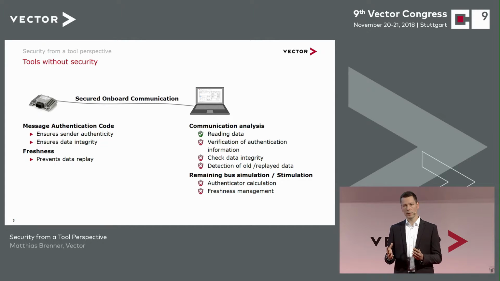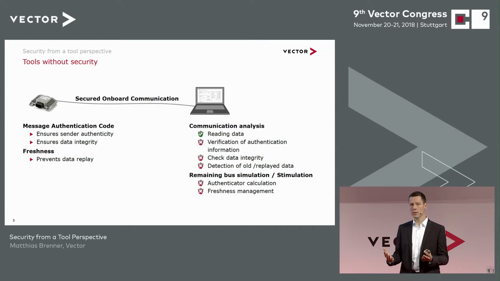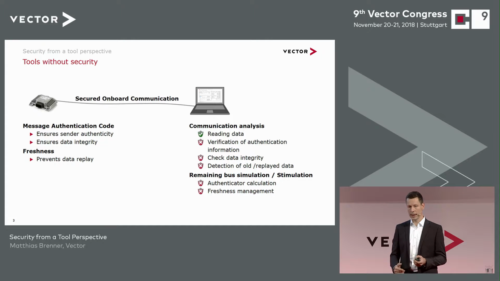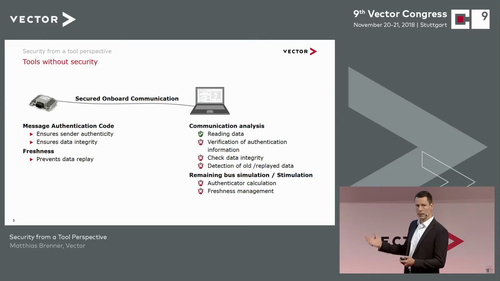And as already mentioned, the ECU will reject all the data that are not authentic and that don't have a correct freshness value. I, as a user, I cannot calculate a MAC. I don't have the knowledge to do it, how it is done, nor do I have an idea how the freshness value is composed, so I won't succeed in communicating there.